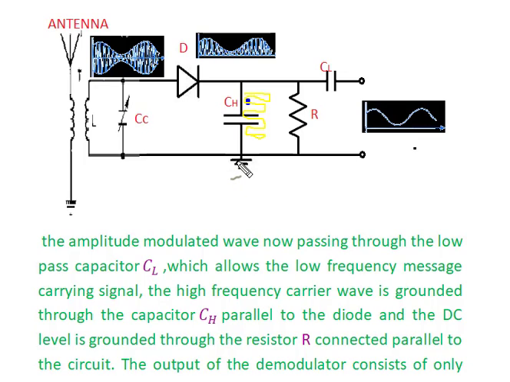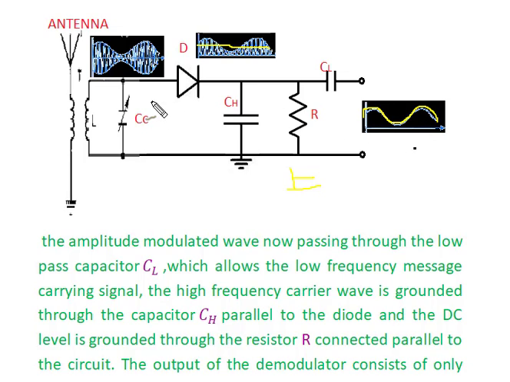And the DC level is grounded through the resistor R connected in parallel to this circuit. So the output of the demodulator consists only of the message-carrying modulating signal.